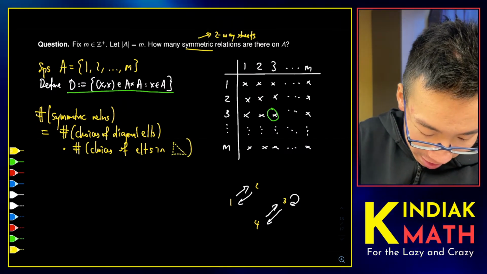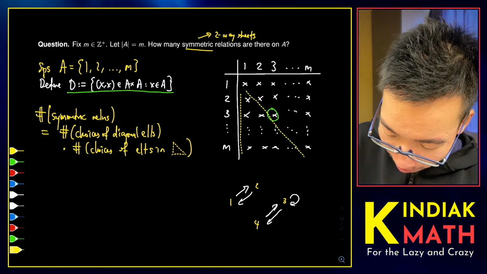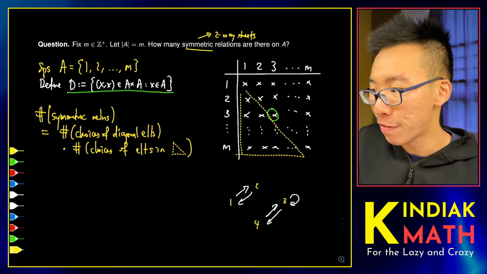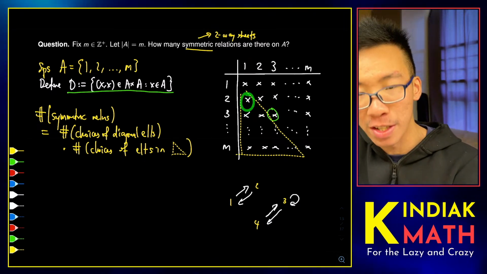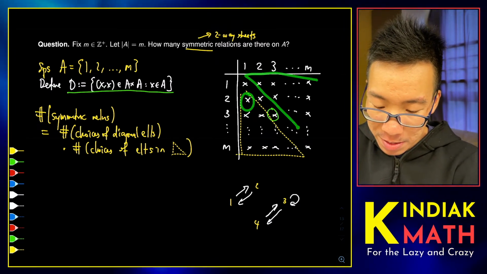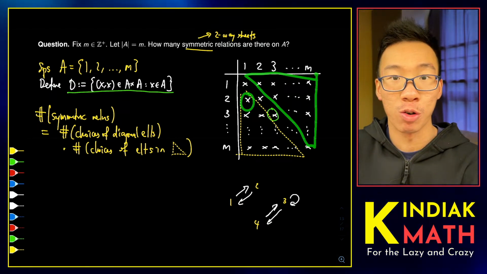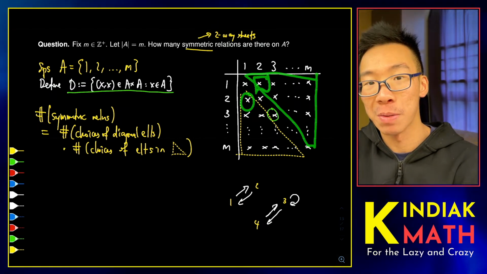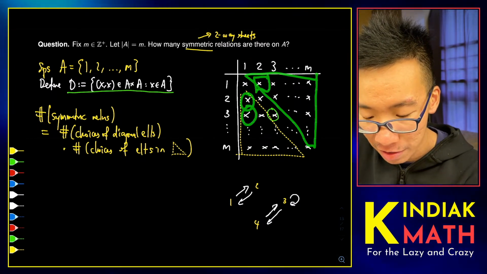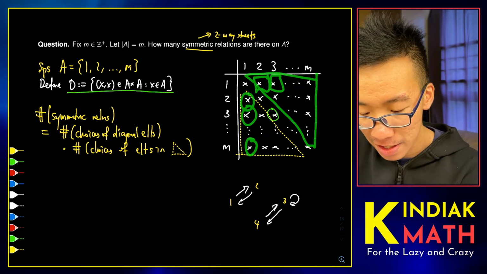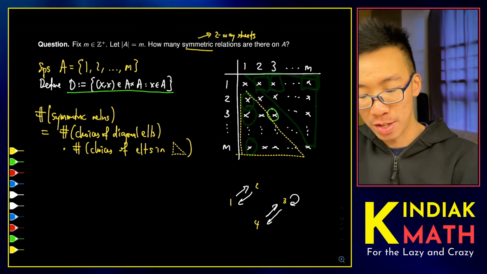What do I mean by lower triangle? I mean this bit over here. The idea is this: if I choose one item here, then the corresponding point over here, I have no choice. I have to include the partner. And likewise over here, I have to include this other partner. This guy must include this partner, and so on and so forth.